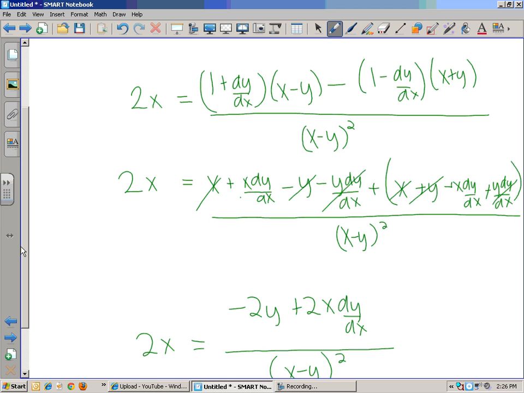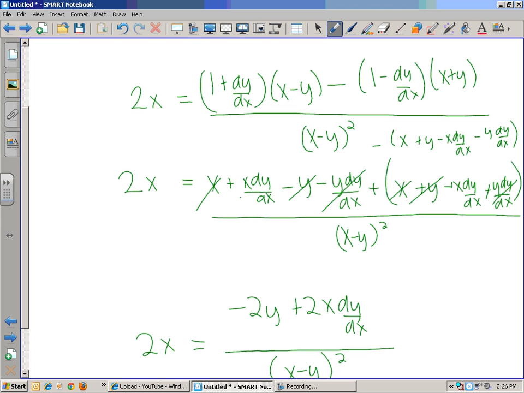So x dy dx minus y dy dx minus, and this would have been an x. I should not have changed that plus sign. I messed myself up. So I'm just going to rewrite what I had here. X plus y minus x dy dx minus y dy dx. I'm just doing this for my own sanity.